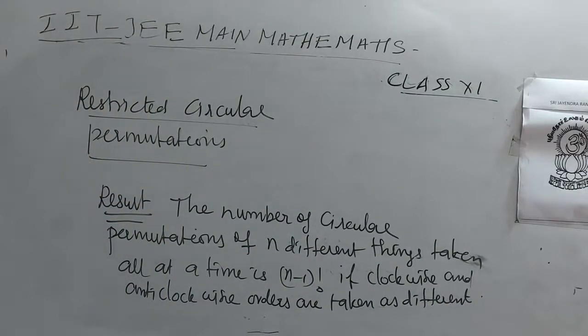If it is not taken as different, as we discussed in the previous class, it is (n minus 1) factorial by 2. Here it is just (n minus 1) factorial.